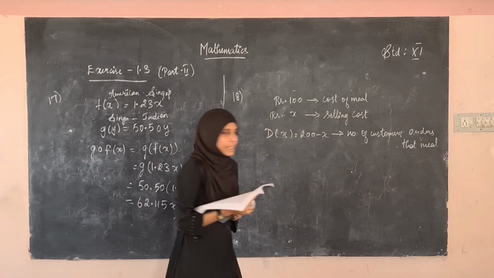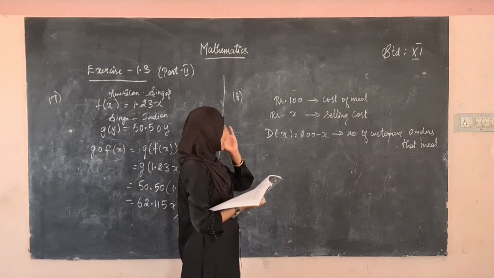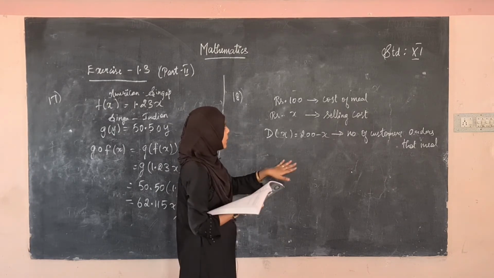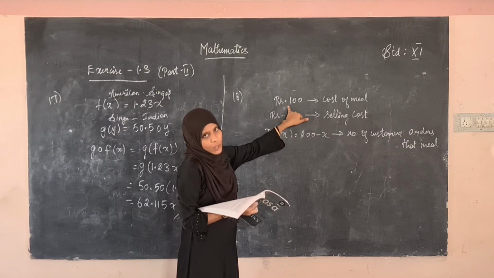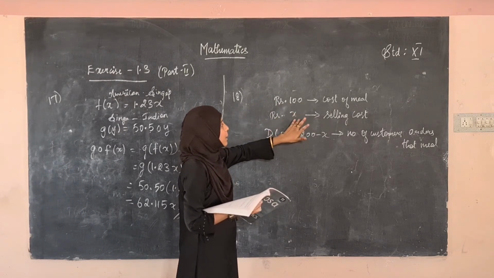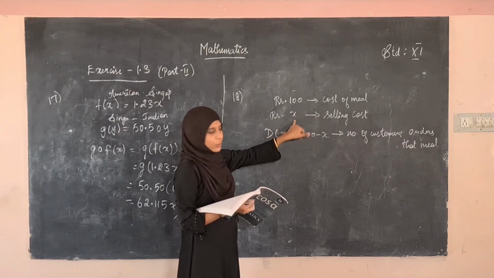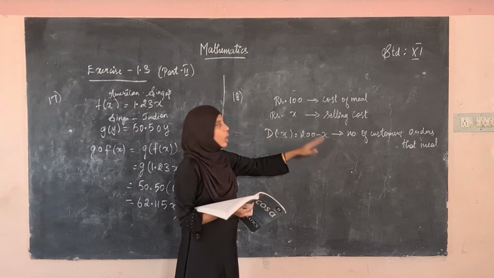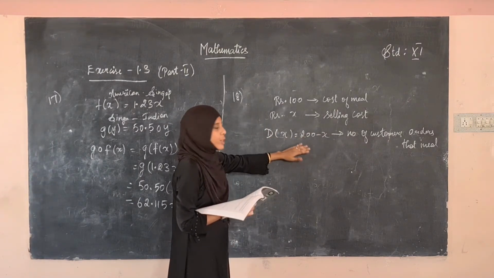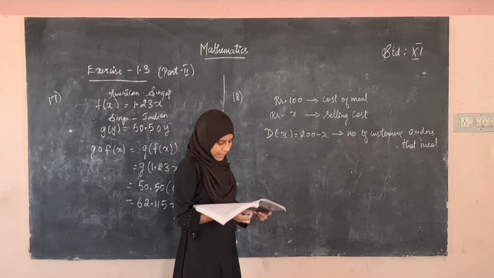See here, it is about a meal in a restaurant. The owner of the restaurant is preparing a meal. The preparing cost of the meal is rupees 100. They are selling the meal at rupees x, and that evening, the number of customers who ordered that particular meal is given by the function d of x is equal to 200 minus x.